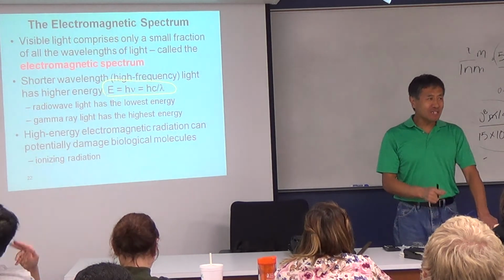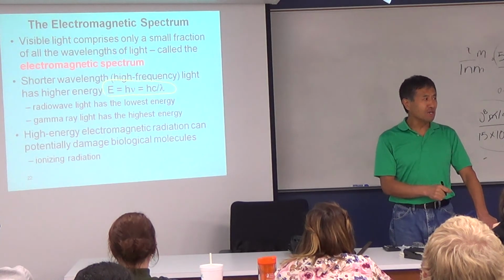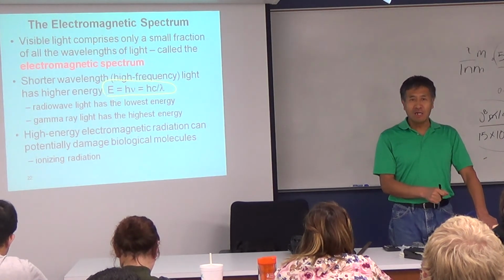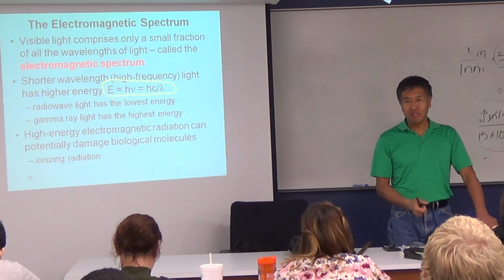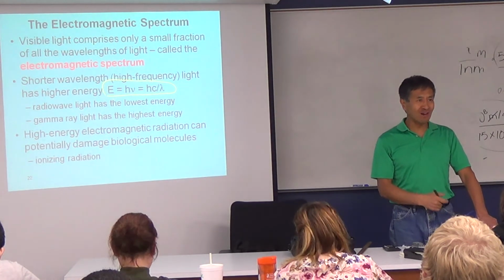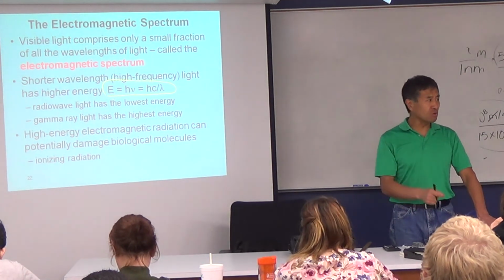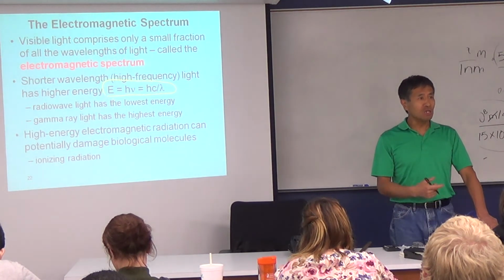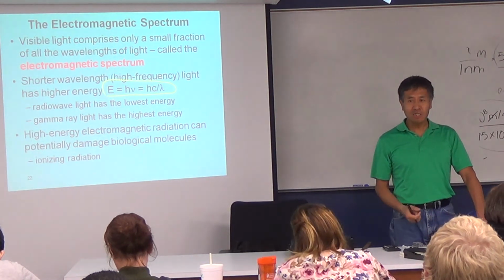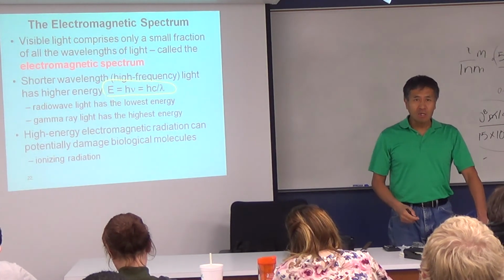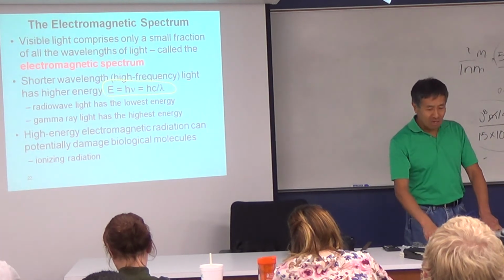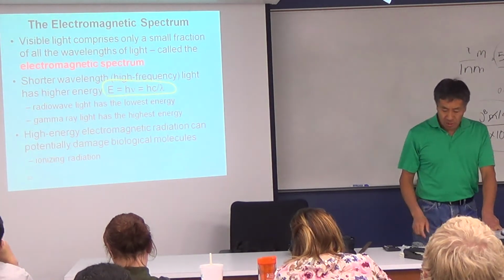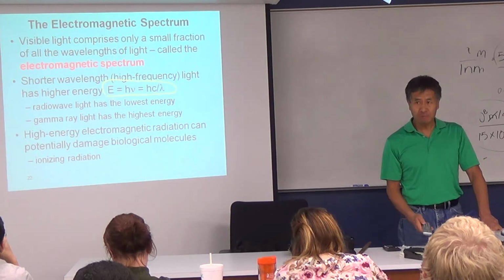They travel with the same speed, and they are not really harmful. It's not because they travel slower or faster. All those microwave, gamma ray, X-ray, the UV light, same speed. So why is it harmful, why is it not harmful relatively? It's because of their frequency.